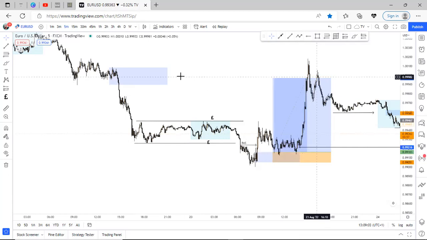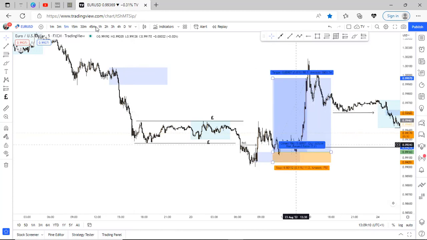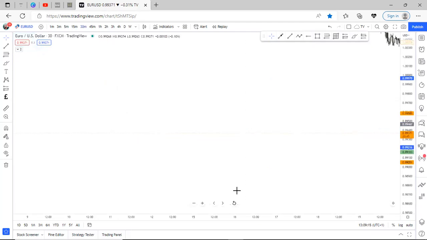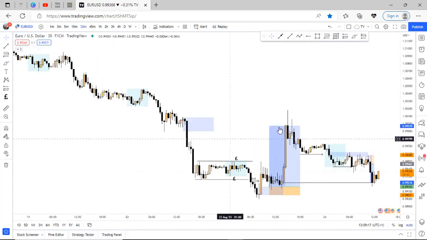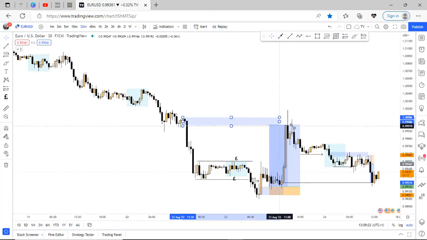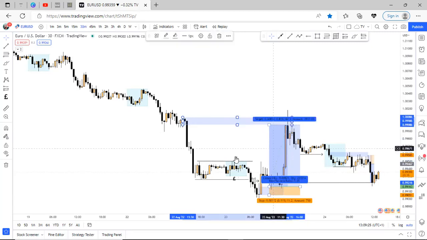I didn't have my take profit set right here, so it was a good thing, because at the end of the day, these 30-minute higher points of interest right here were where price pushed to before I then manually closed out my trade on EUR/USD.